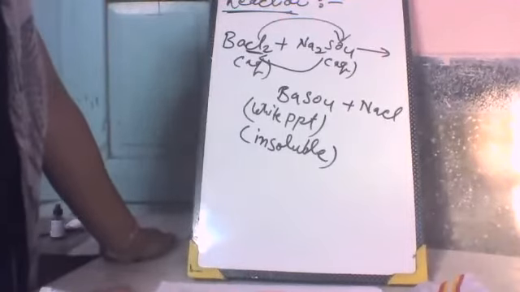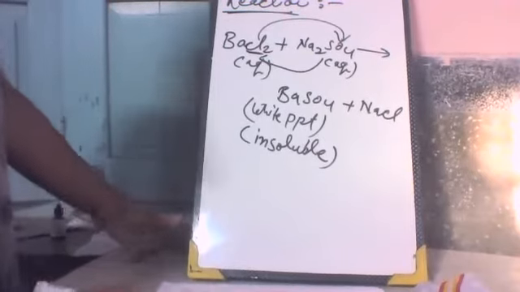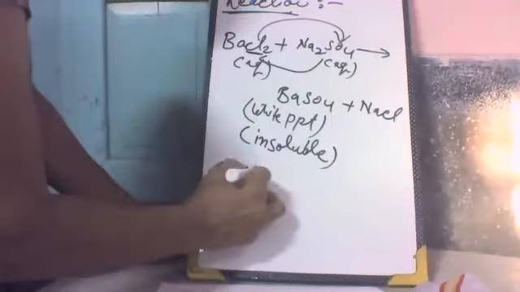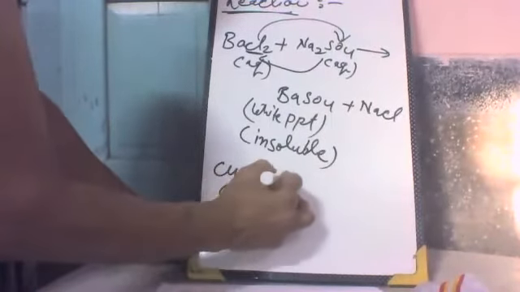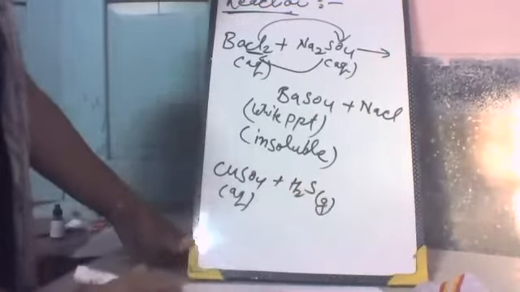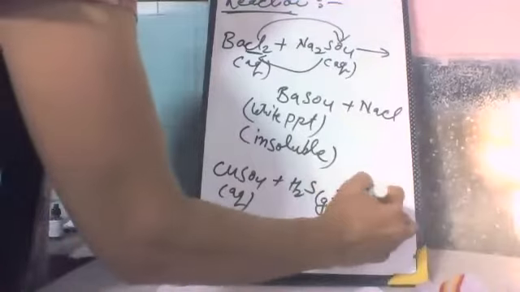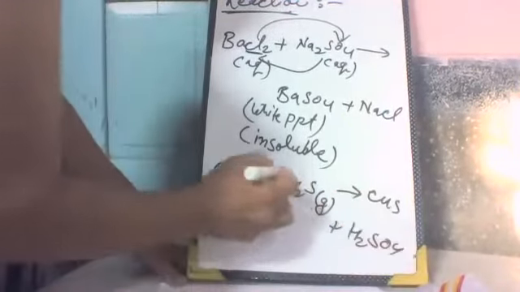One more example is here. Copper sulfate reacts with dihydrogen sulfide. Copper sulfate CuSO4, an aqueous solution of copper sulfate, reacts with H2S gas. It forms copper sulfide and H2SO4.